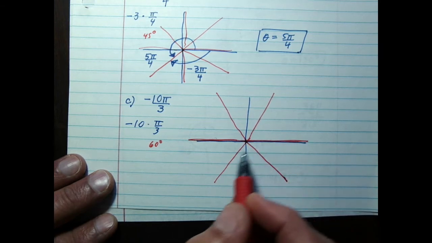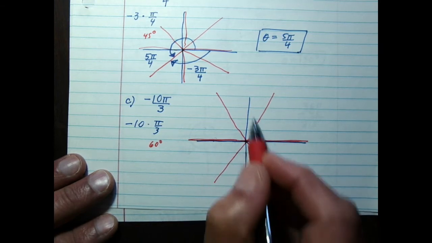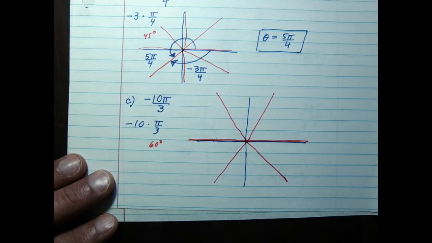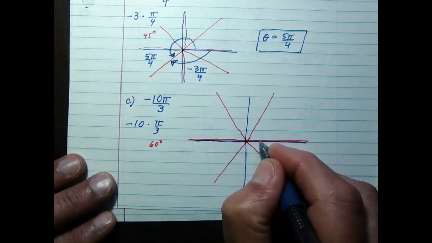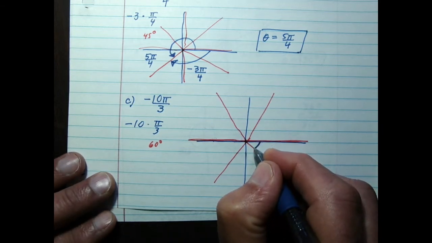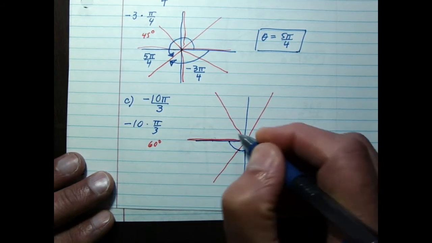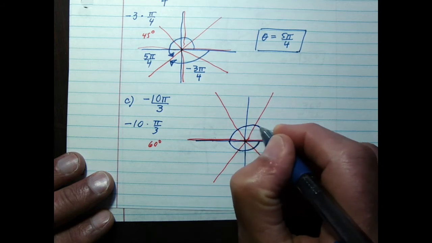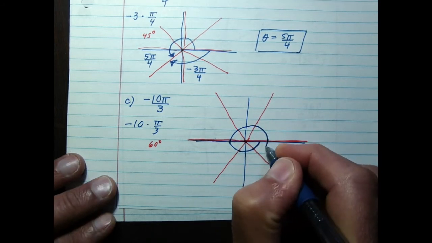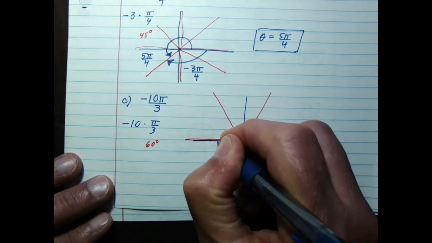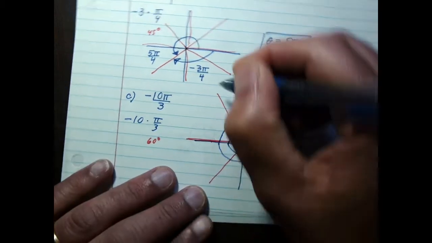So the multiples hit the x-axis but not the y. So when I count negative 10 pi over 3, negative 1, negative 2, negative 3 takes me to a straight angle. Negative 4, 5, 6 is full circle. 7, 8, 9. Negative 10 pi over 3 is right here.